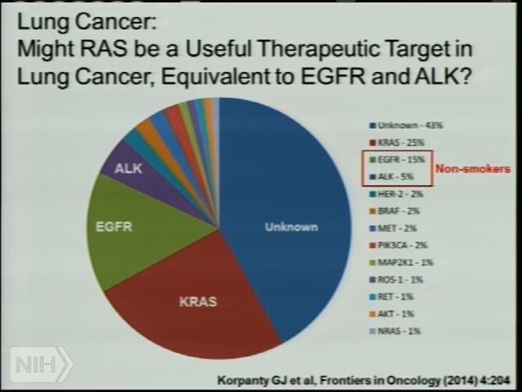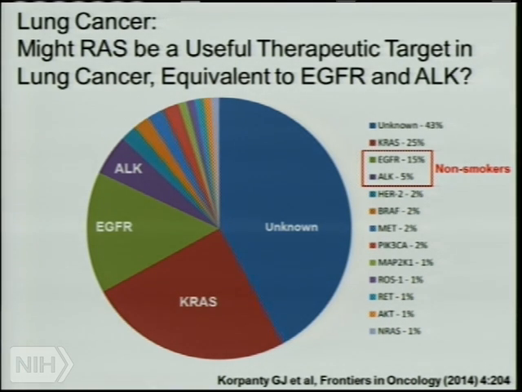Now, lung cancer in recent years has become incredibly interesting because it's been subsetted into different mutations that are called oncogenic drivers. So we have EGF receptor, epidermal growth factor receptor, which is driving a proliferative pathway, ALK, and many, many other small percentages.